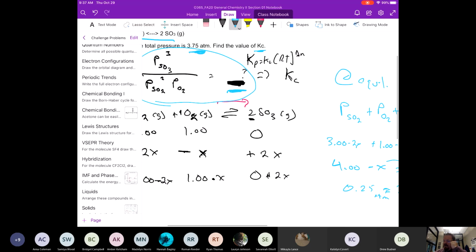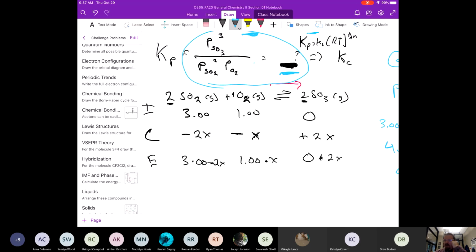So with that, we can now plug those numbers into here. So our Kp is going to be equal to our partial pressure of SO3 at equilibrium, which was 2 times the 0.25, which would be then cubed, divided by the partial pressure of SO2, which would be 3.0 minus 2 times 0.25, all squared.